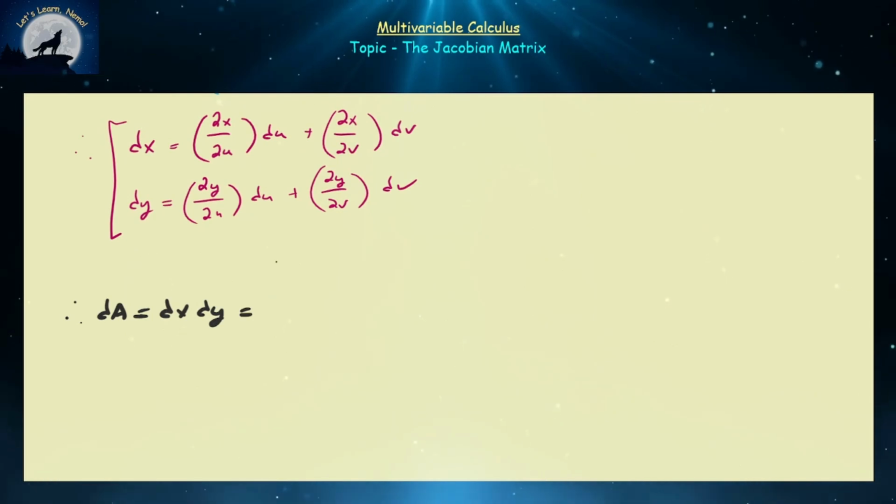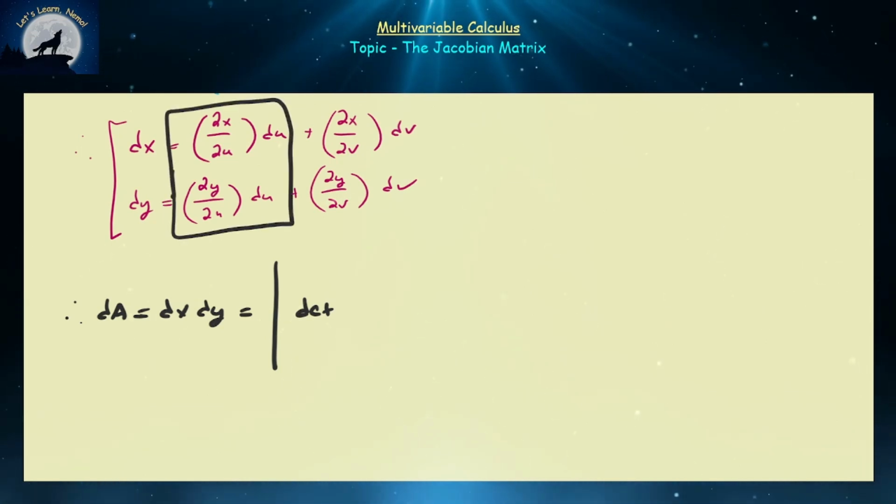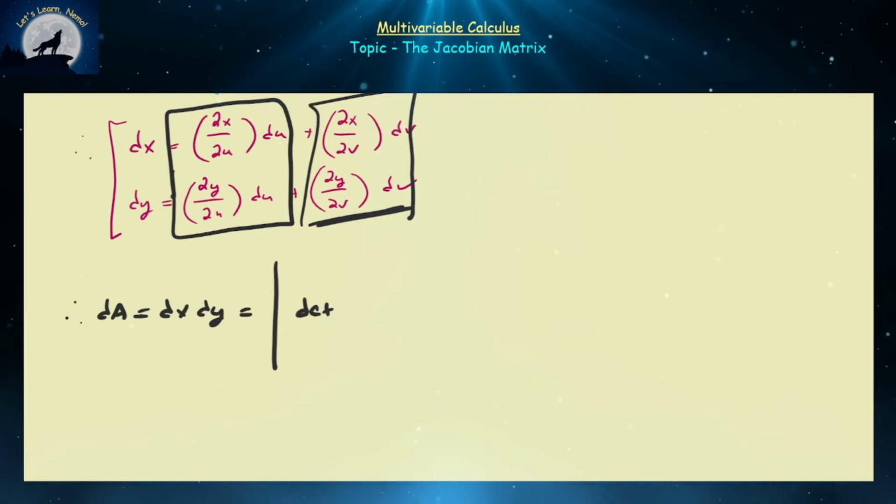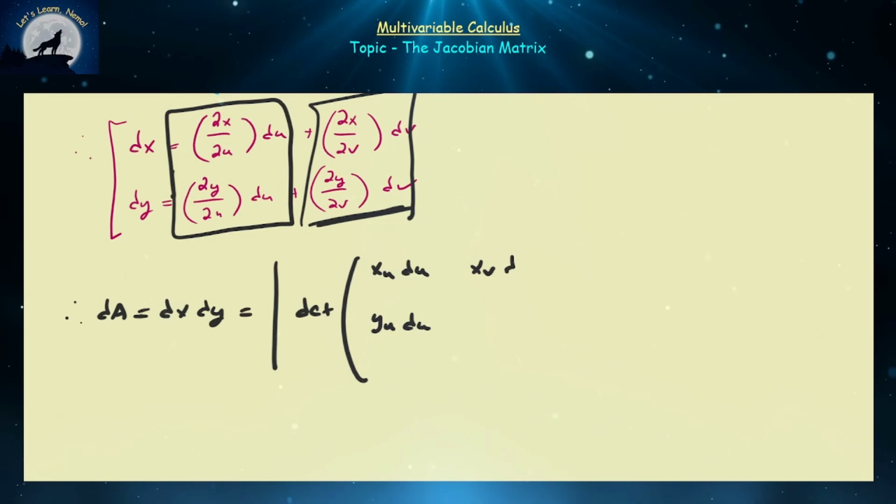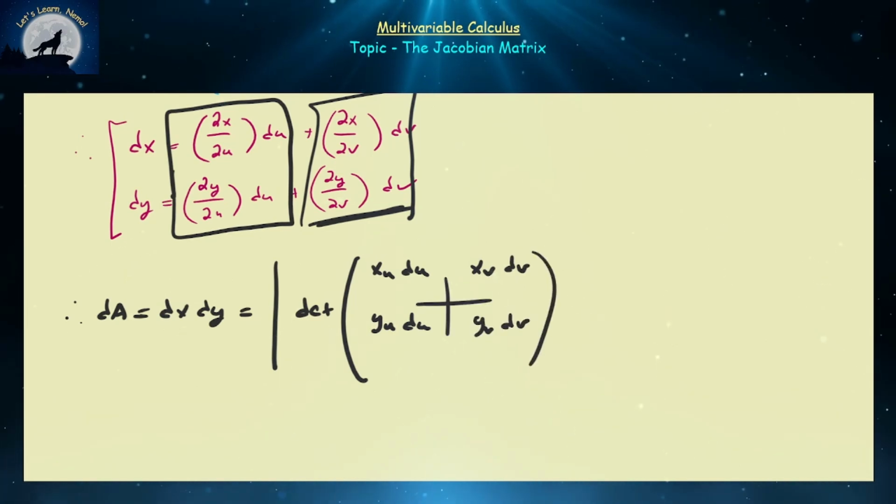By the same principle as before, we take this vector, which spans one direction, and this vector, which spans another direction. So it's going to be the determinant of xu du, yu du, and then xv dv, yv dv.